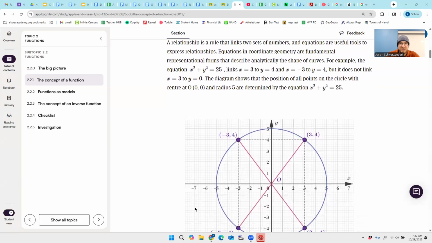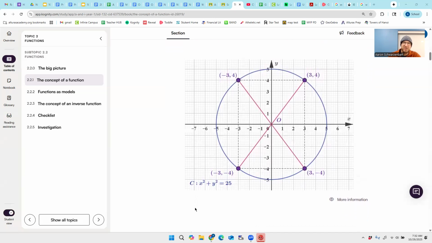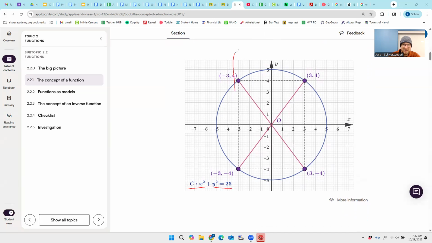Relations as equations and graphs. Here we have the circle x squared plus y squared equals 25. And we can very clearly see that this does not pass the vertical line test. This is not a function. It is only a relation. You could make it into two functions, the top semicircle and the bottom semicircle, by solving for y.